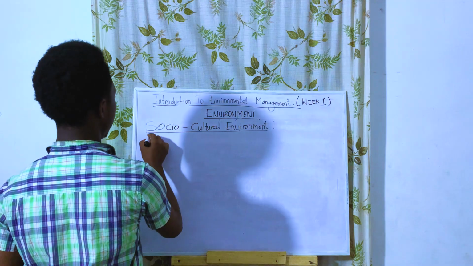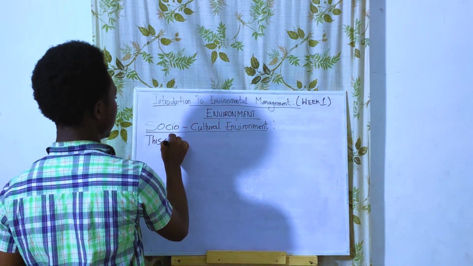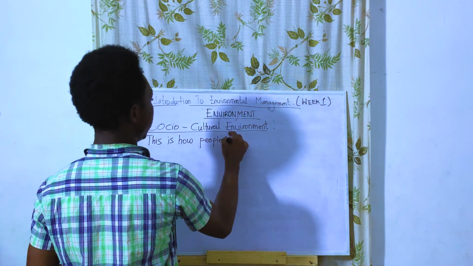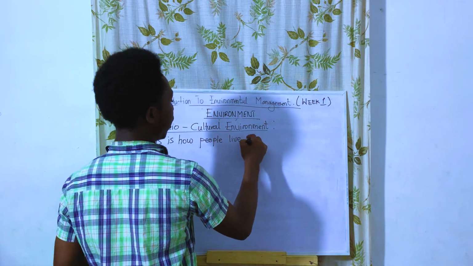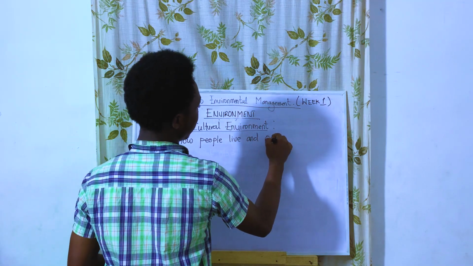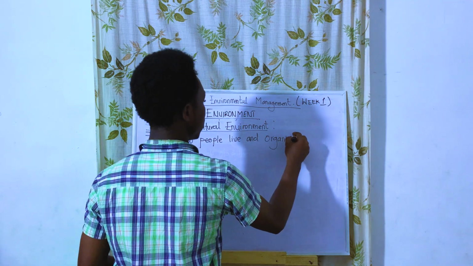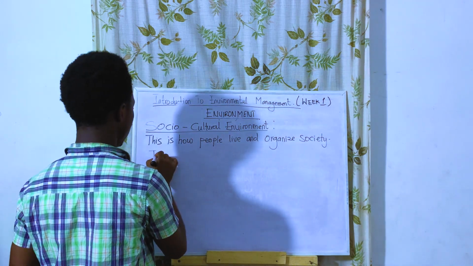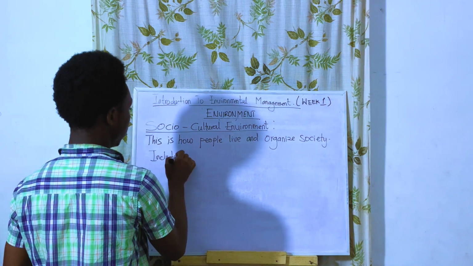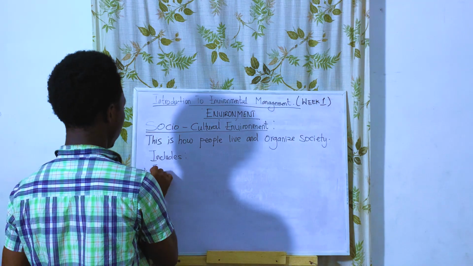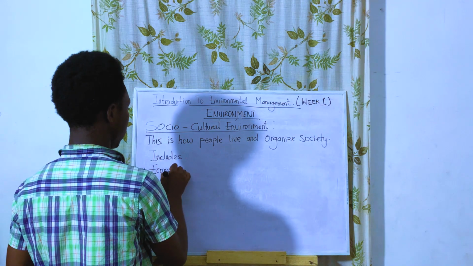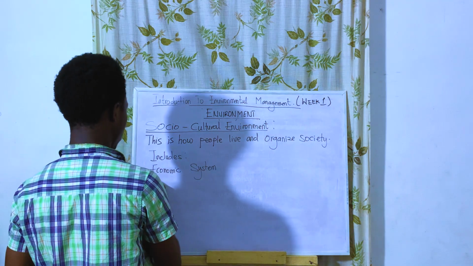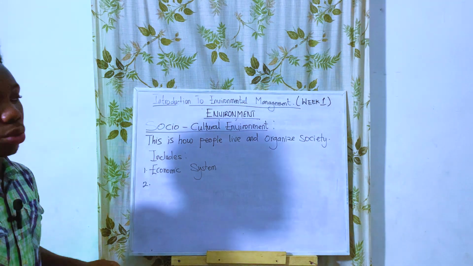So this includes, one, the economic system. Two, you have the social system.